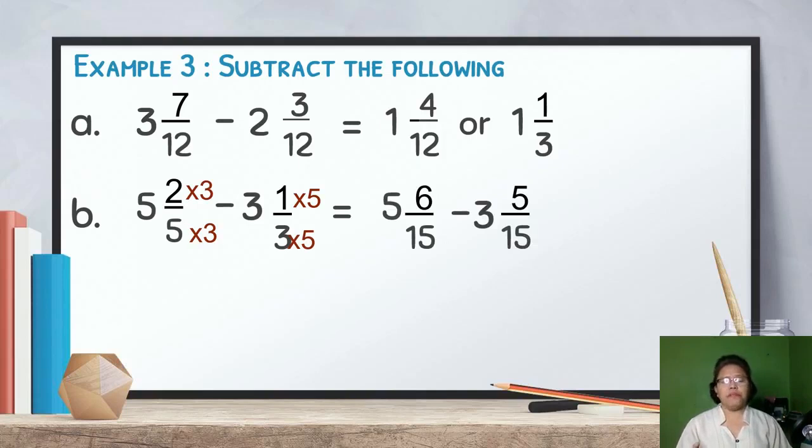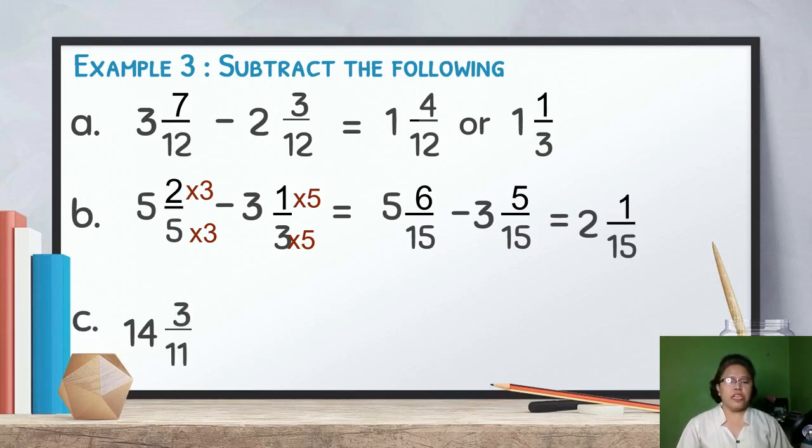Tandaan na, hindi pwedeng mag-minus kung hindi pareho ang denominator. Hindi rin pwedeng mag-plus kung hindi pareho ang denominator. Kaya natin binabago. Okay? So, since pareho na ang denominators, go ahead na tayo with subtraction. So, 5 minus 3, that would be 2. And then, 6 minus 5 is just 1. So, final answer is 2 and 1/15.